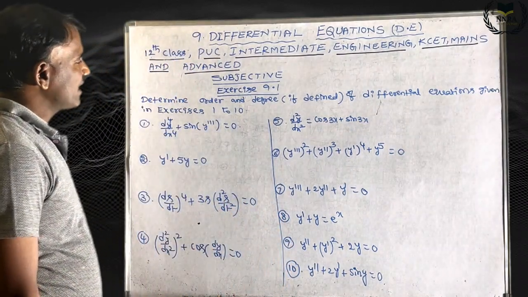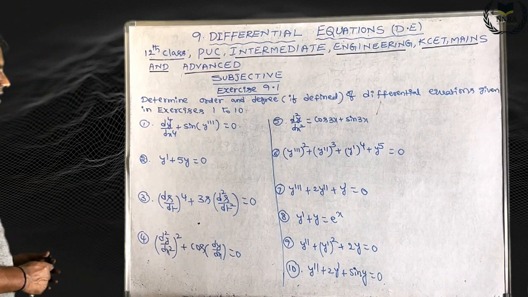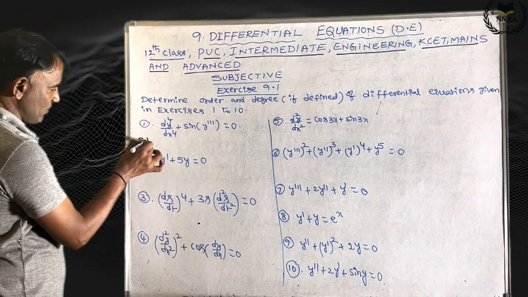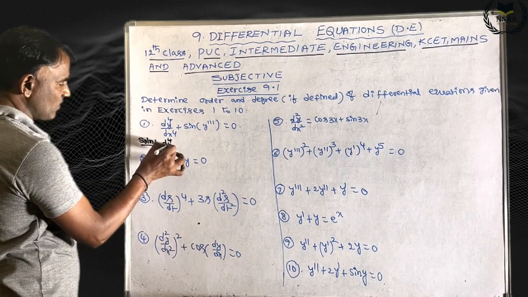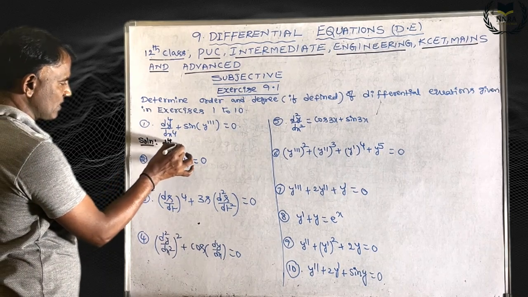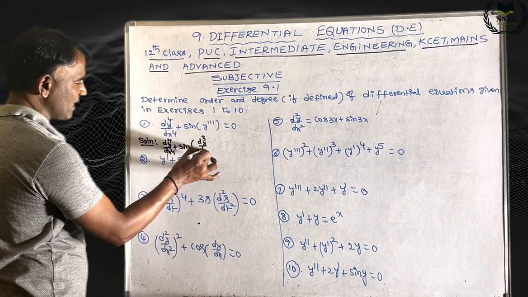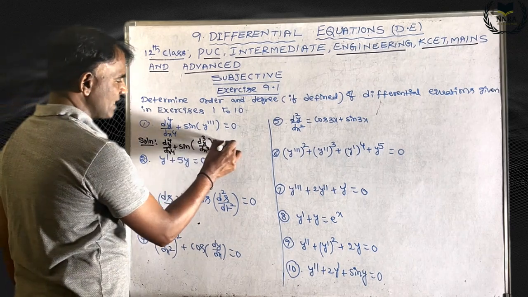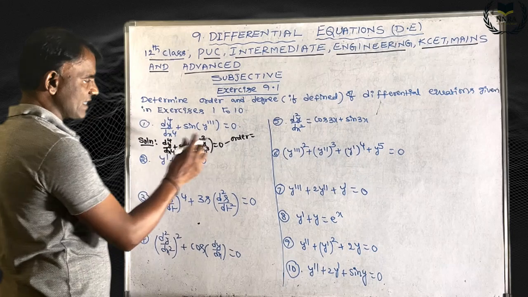Determine order and degree (if defined) of differential equations given in exercises 1 to 10. So if you take the first question, what is that? d power 4 y by dx power 4, sin of y triple dash, means d cube y by dx cube equal to 0. So what is the order? Order equal to 4, the highest order derivative.